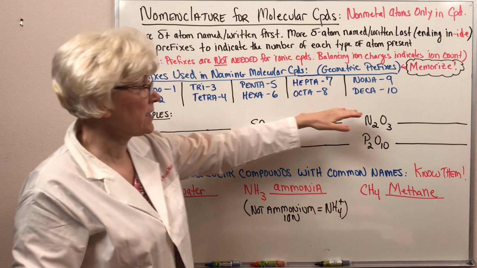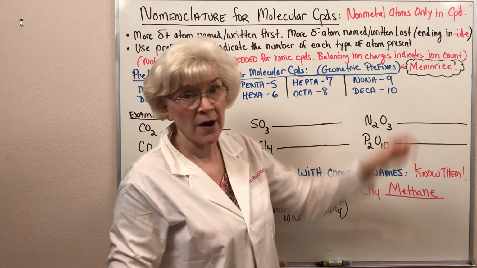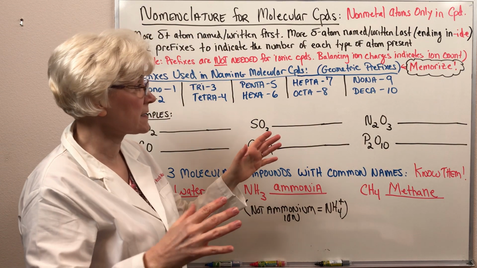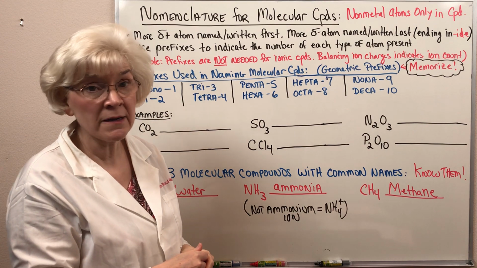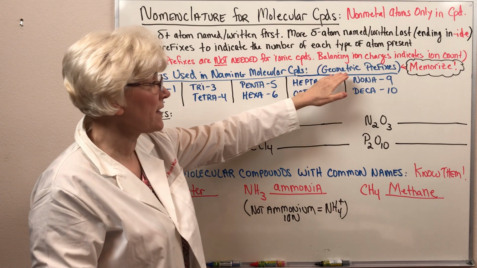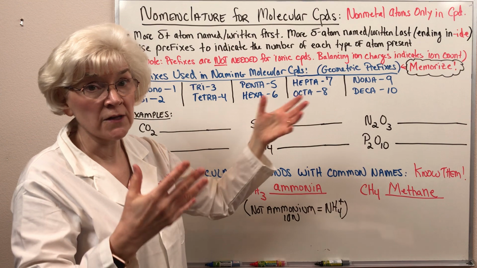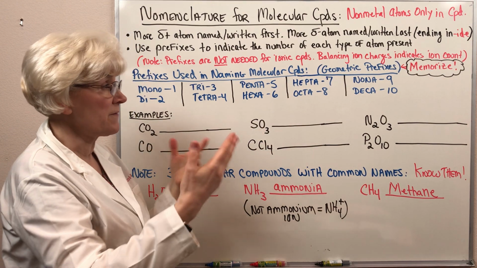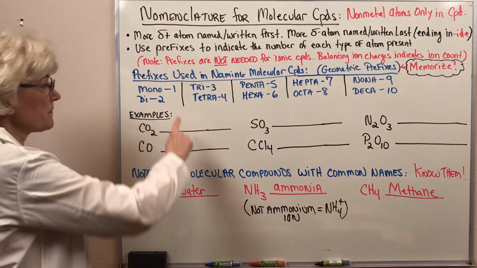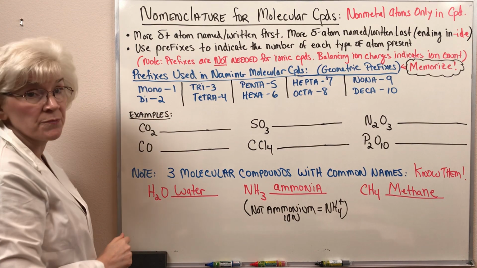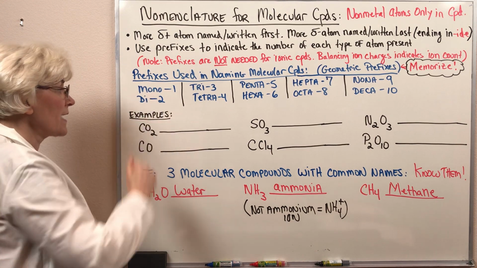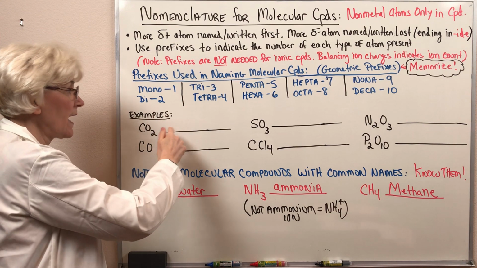Now here's some good news. You see the word memorize here with these prefixes, but hopefully that memorization work has already been done by you, because the prefixes here by and large follow the geometric prefix pattern. Example, if there's only one of one type of atom present, you use the prefix mono. 2 atoms of a specific type, di.